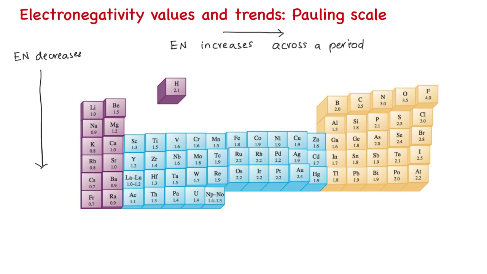The periodic trend of electronegativity is similar to that of electron affinity. The electronegativity values range from 0.7 for francium, which is at the bottom left of the periodic table, to 4.0 for fluorine atom, which is at the top right hand side of the periodic table.